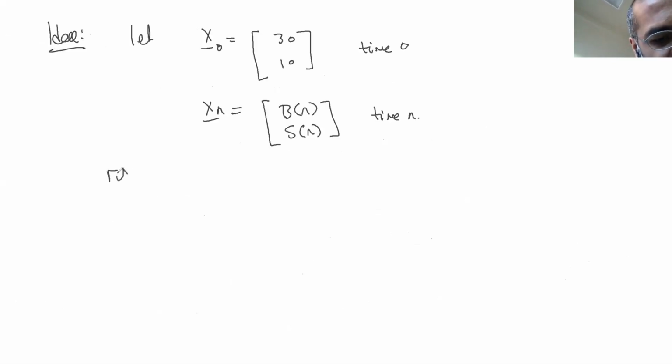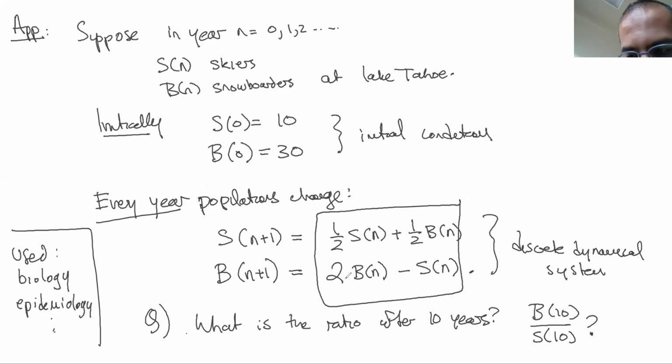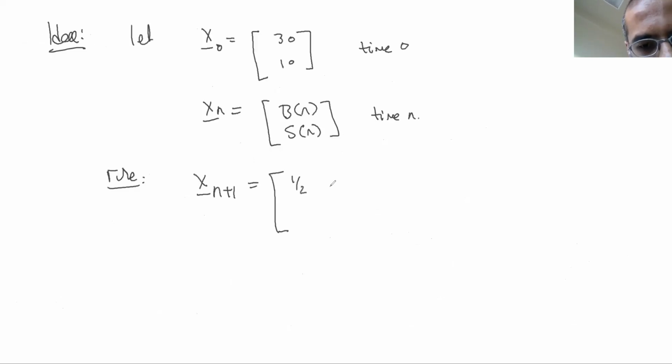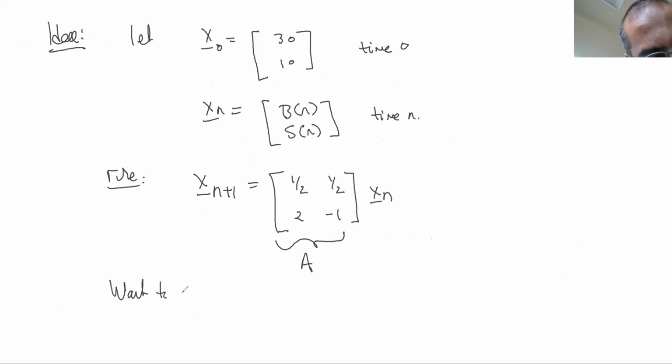So the rule says that x of n plus 1 is equal to some matrix, which can have half, half, 2, minus 1, times xn. Let's call this matrix A. Therefore, what we're interested in is what happens at time 10, which is just A to the 10 times x naught.